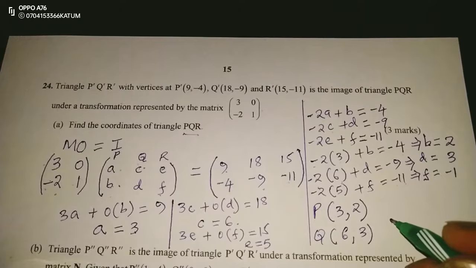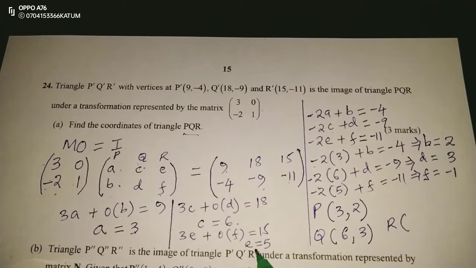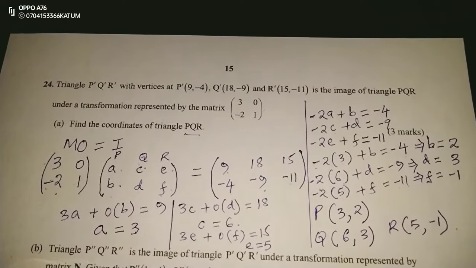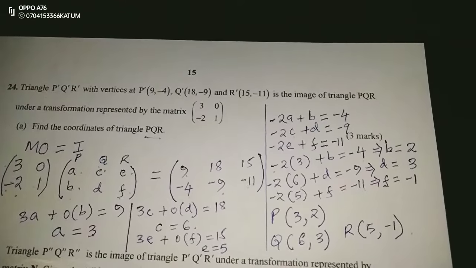And finally, for R, we have 5 and negative 1. So these are the coordinates of triangle PQR.